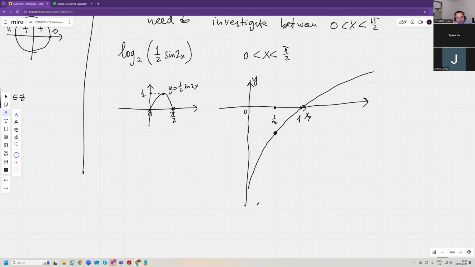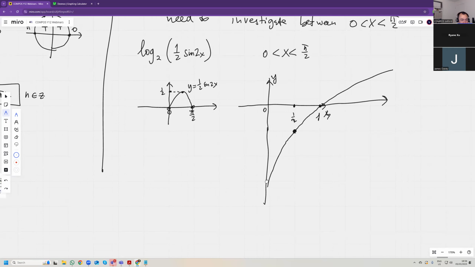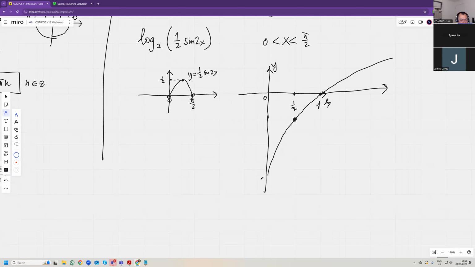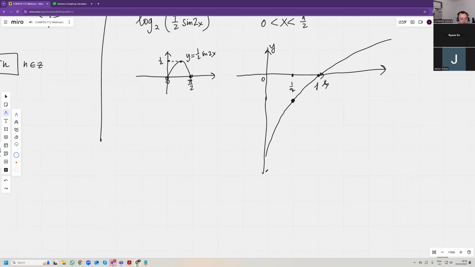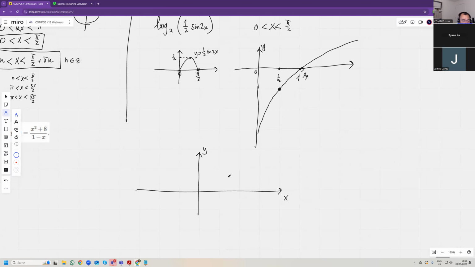So now we want to sketch the graph. We're taking the log of this bit, so log of 1/2 sine 2x.